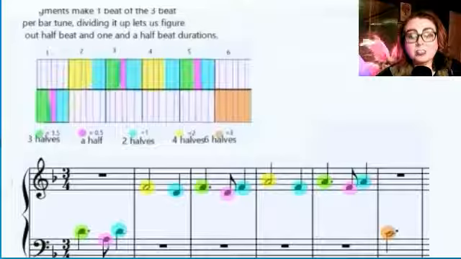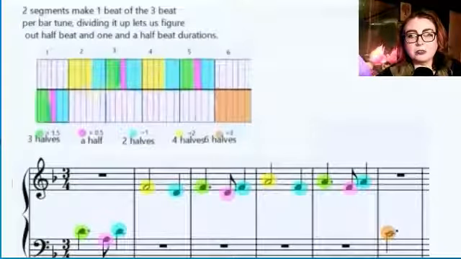And they have colour coded it just to make it even more obvious.